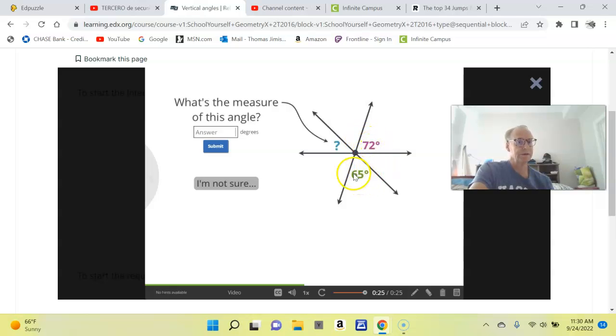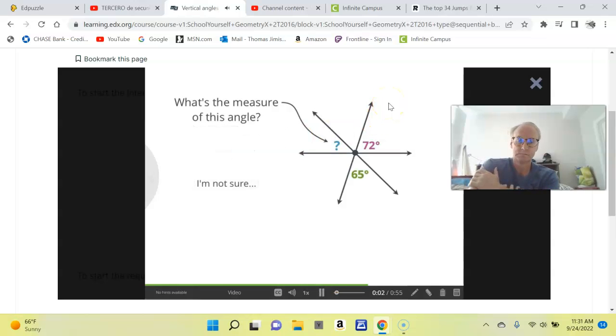And all three of these angles add up to 180, don't they? Well, this angle and this angle is 137. And you need 43 more to make 180. So 43 degrees is this angle right here. 43 and 137 makes 180.